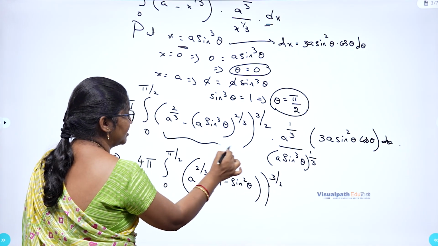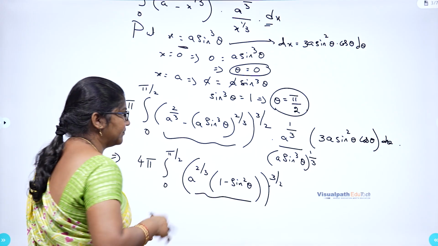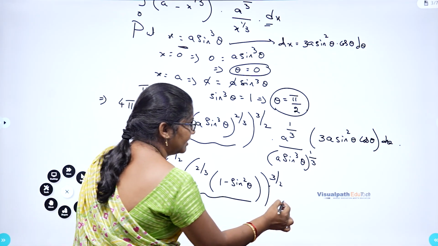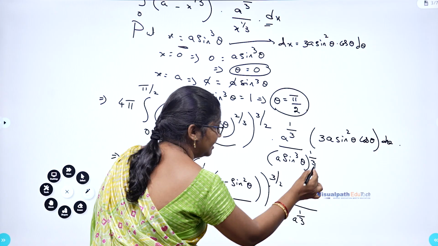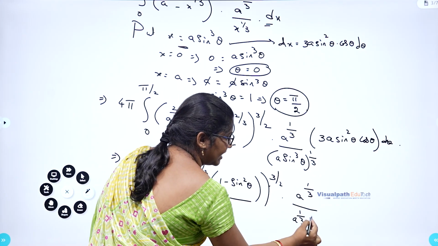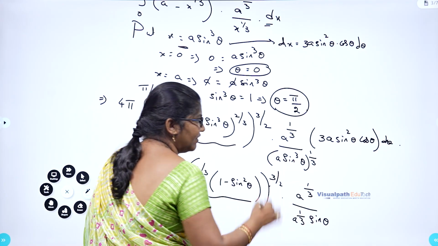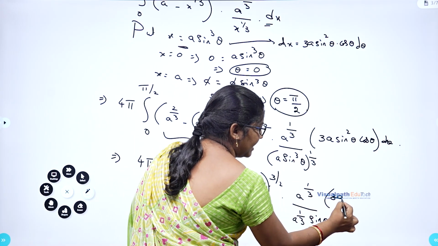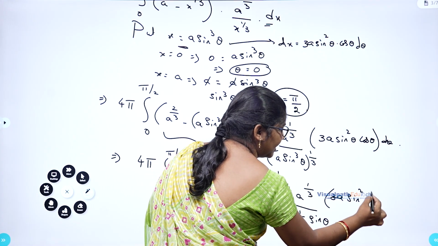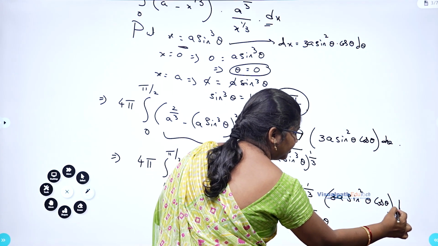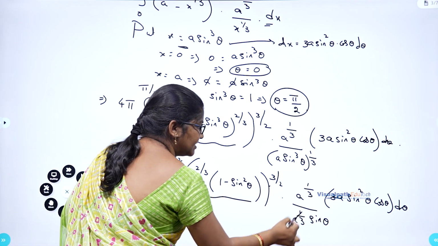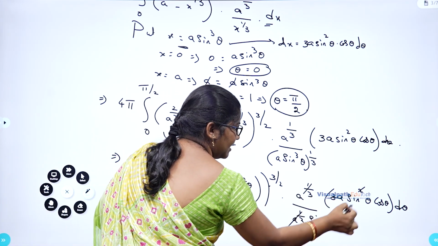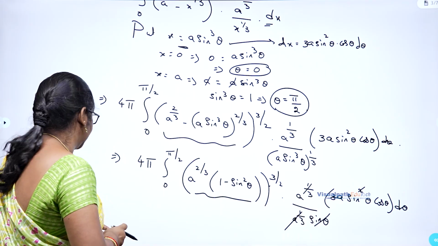This simplification here I have written. After that, a^(1/3) by a^(1/3), the cube here will get cancelled, sin θ will remain, 3a sin²θ cos θ dθ. Here, now this value will get cancelled. One sine will get cancelled.